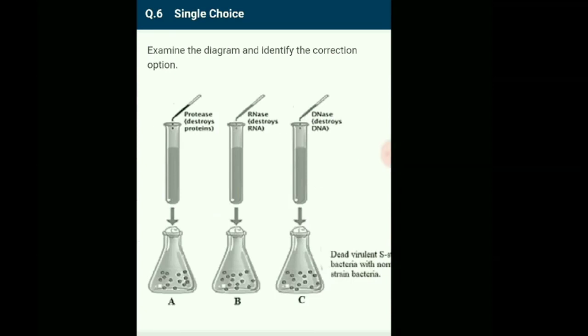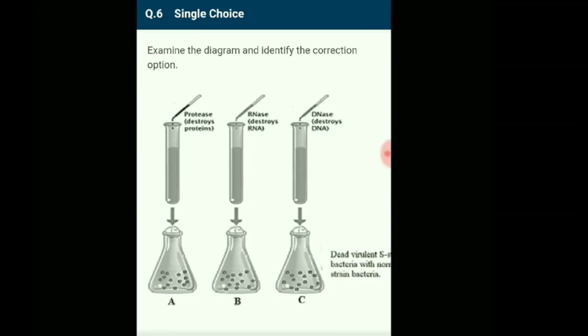Question number 6. In the diagram, identify the correct option. The liquid extract from dead virulent A-strain bacterium with normal O-strain bacterium is present in the culture vessels A, B and C. Different enzymes were added to the culture vessels and a brief incubation was given for the growth of the organism. The culture vessels A and B will undergo transformation and new A cells appear mixed with O cells, and in vessel C transformation does not occur.